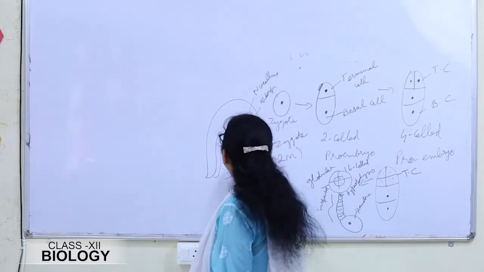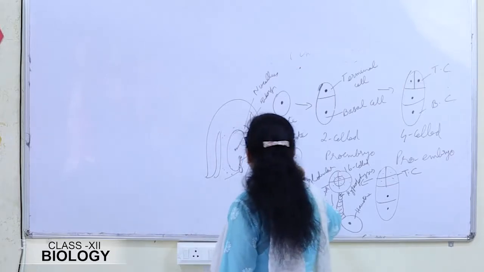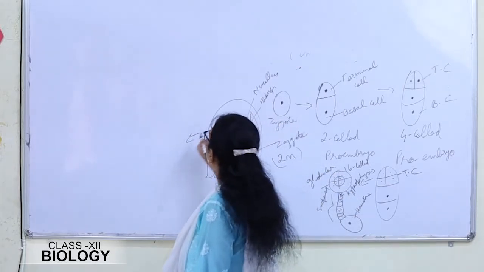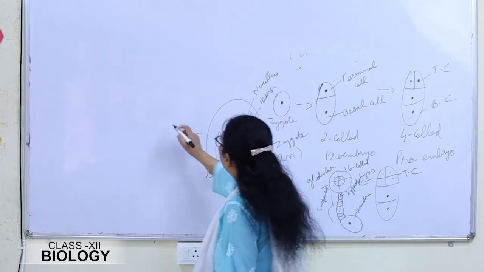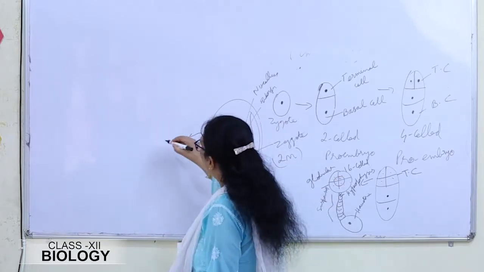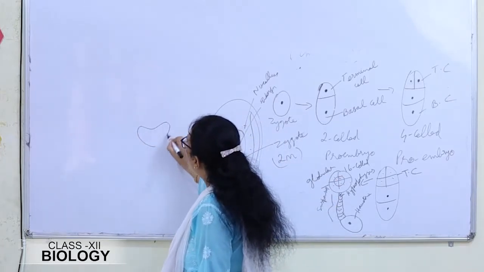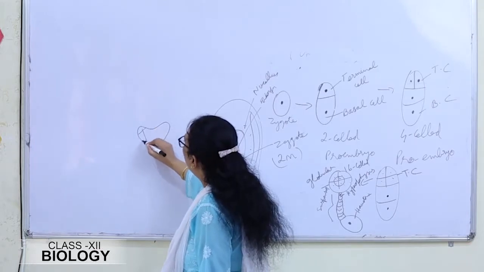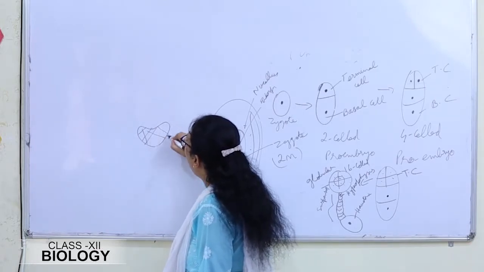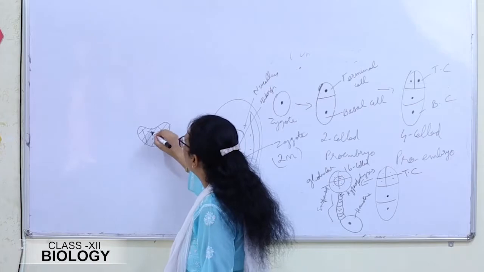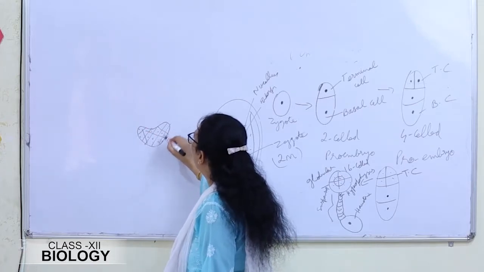So this is how the zygote will develop. We had seen it till the 16-cell stage, then it will divide and now it has formed a heart-shaped structure. Embryo, it's heart-shaped. Here is the hypophysis.